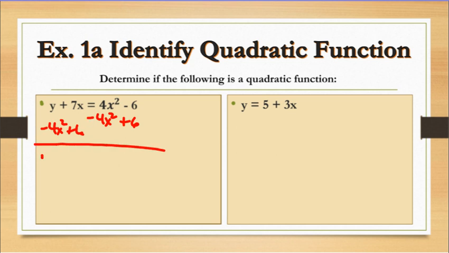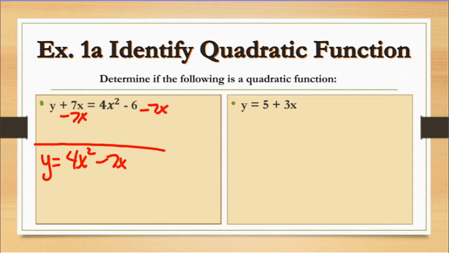I need to get the y by itself, so subtract the 7x on both sides. Now I have y equals 4x squared minus 7x minus 6. We put them in order from degree. Since my leading term has an x squared on it, yes, this is a quadratic function.